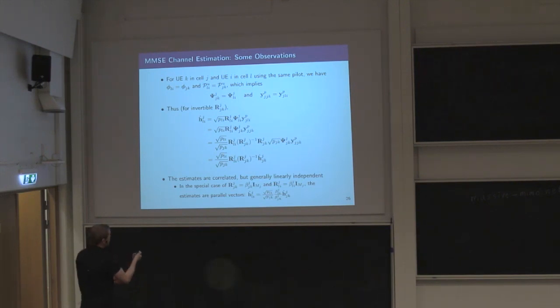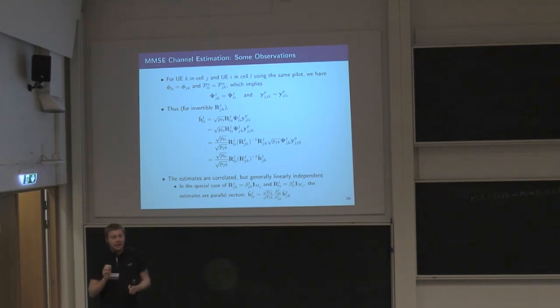In the special case where the covariance matrices here are scaled identities, in the way that Eric was looking at earlier today, well, then these two things here will just be an identity matrix times the inverse of an identity matrix. That will not change anything. In that case, the estimate of the user in the other cell will be equal to the estimate of my own user times some scalars.